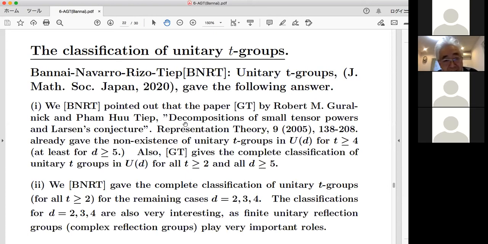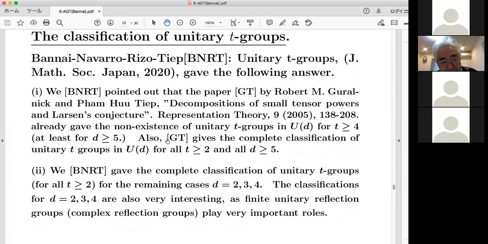And so the essential part was already done by Guralnick and Tiep. And actually, this was not known in the physics community. Also, this was a purely finite group theory paper, and no relation with unitary T groups or unitary T designs was known at that time.